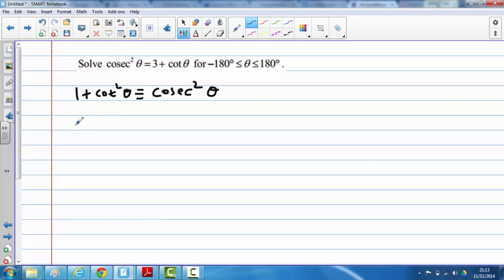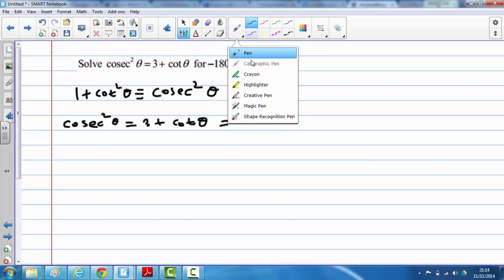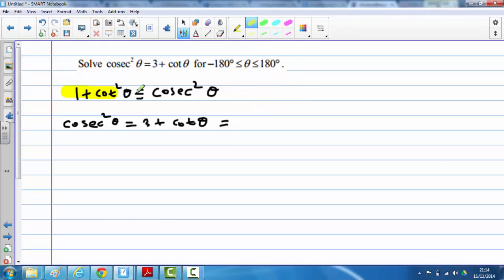Then we know that our cosec squared theta equals 3 plus cot theta. Let me just highlight that. So here we've got an identity. And we know cosec squared equals 3 plus cot.